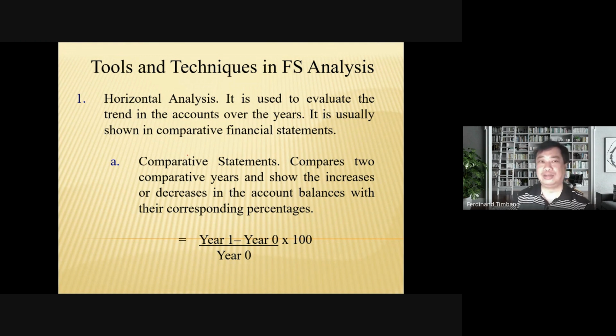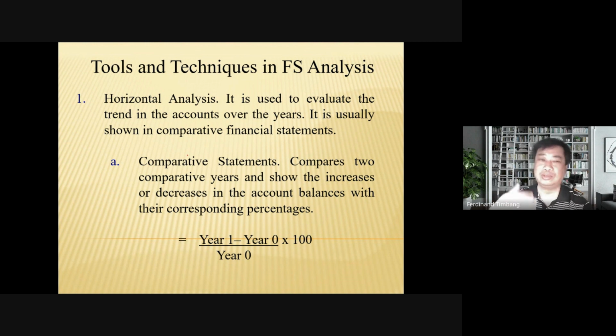So one, we have the horizontal analysis. By the way, tools and techniques can be divided into two. Ito yung horizontal, then another one is the vertical. But in other books that I saw, ginagawa nila tatlo: horizontal, vertical, and financial ratios.